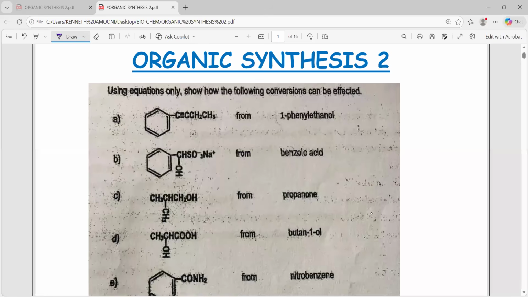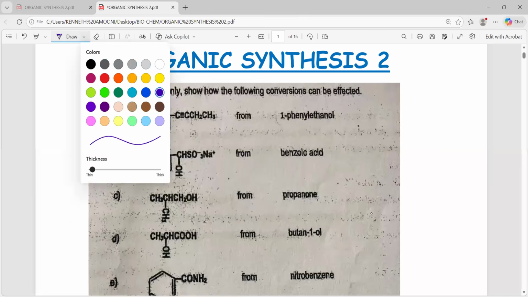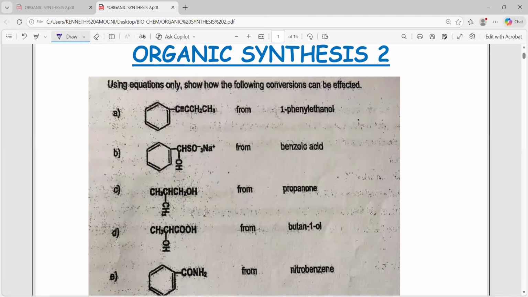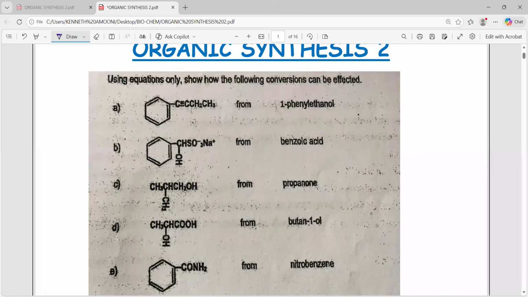I just made a mistake to put ethanol, but it is 1-phenyl ethanol. So you can take a screenshot of these first 5 parts, the first 5 questions, so that you'll be following. Before every question, you can note it on a piece of paper, then you follow.